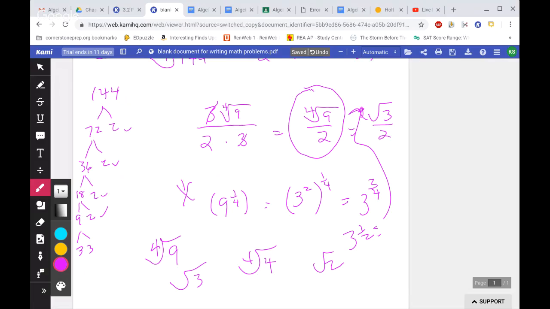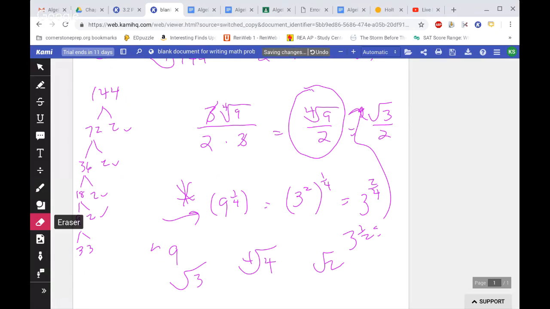So me trying to figure out this part, so that I can make sure you understand, was the part that I struggle with. I apologize for that, because I look at it now and know, but it's because I've been doing it for so long. So undoing it takes me a minute. But that is the part of simplification, where with 9 to the 1/4, I see that there's a square within that, so I want to break it down.